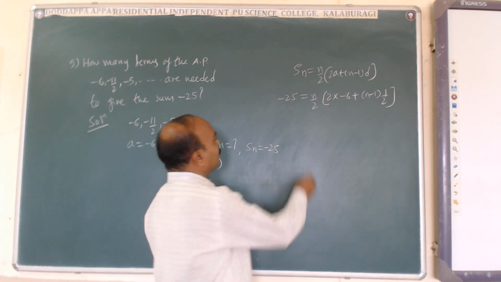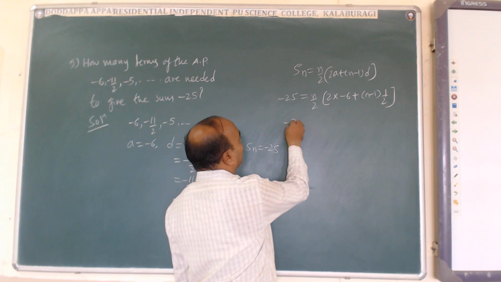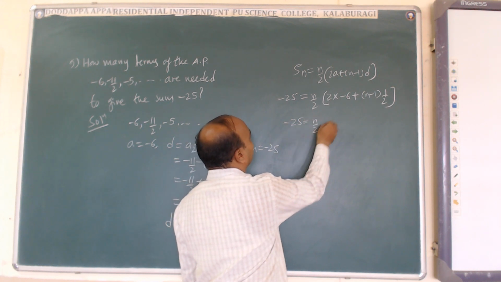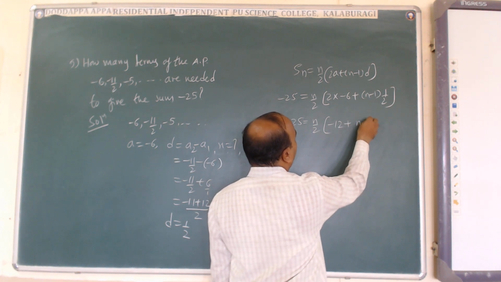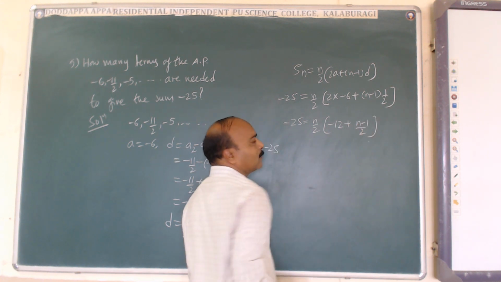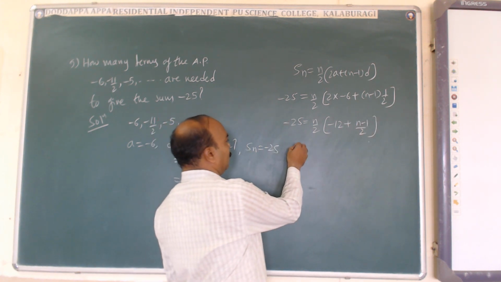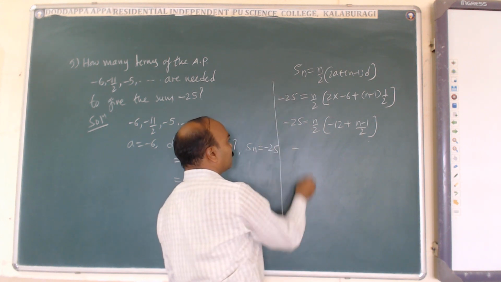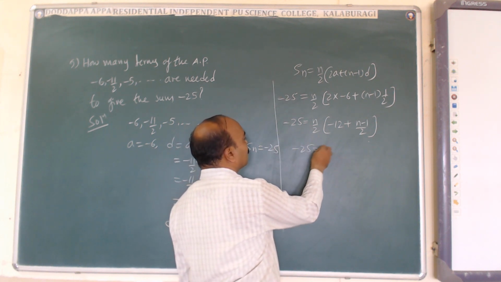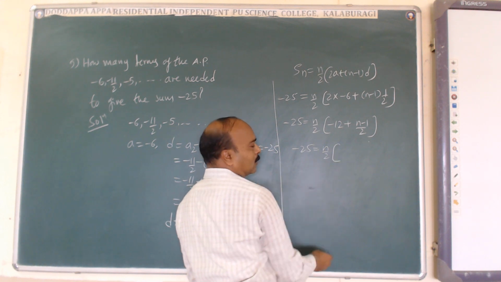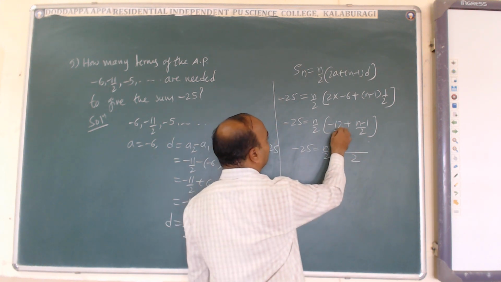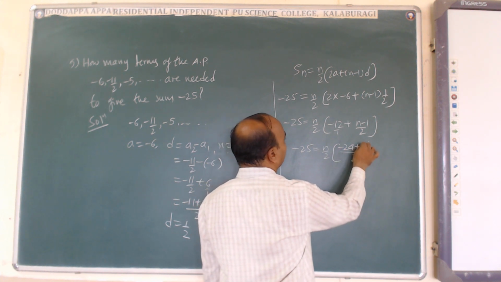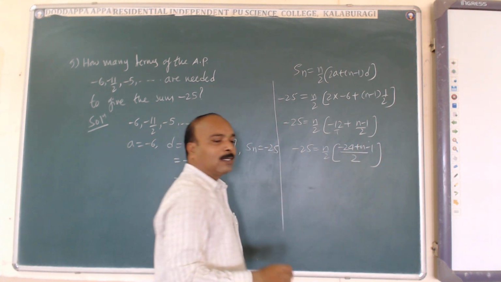Now simplify this: minus 25 equal to n by 2, minus 12 times 2 is minus 24, plus n minus 1, over 2.